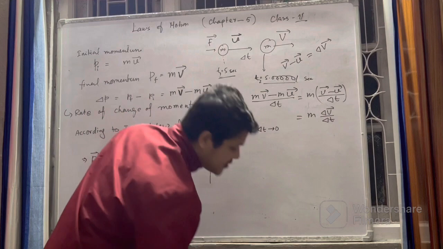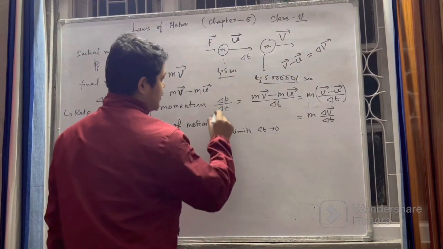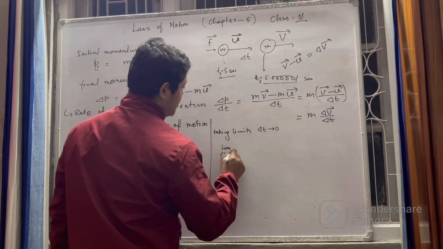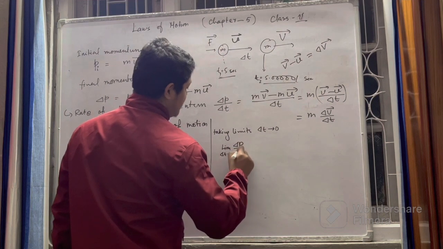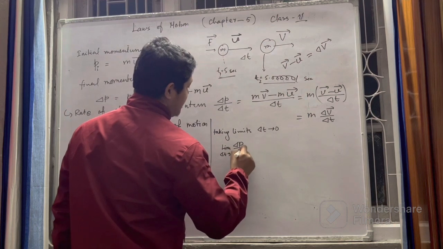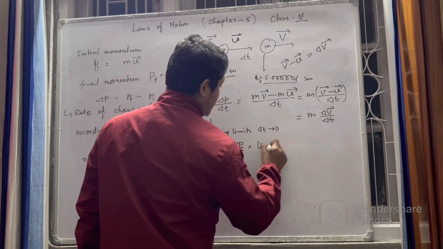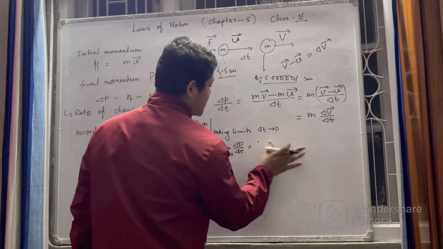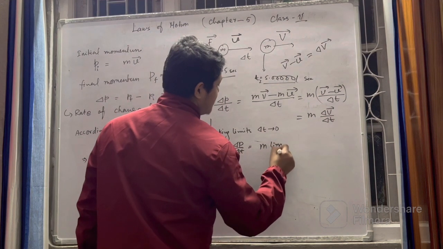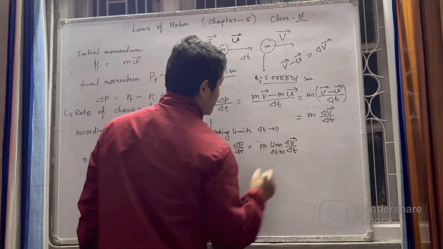So then what you can write? You can write this del p by del t. If you take the limit del t tends to 0, del p by del t is equal to limit, m is mass, which is constant, so let me write limit del t tends to 0, del v by del t, right?